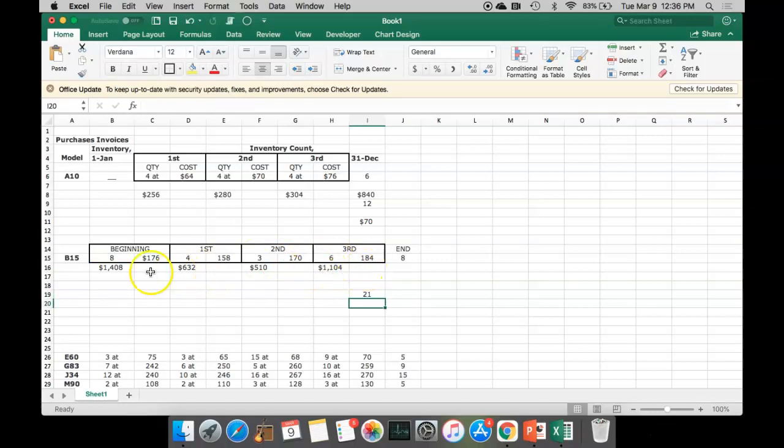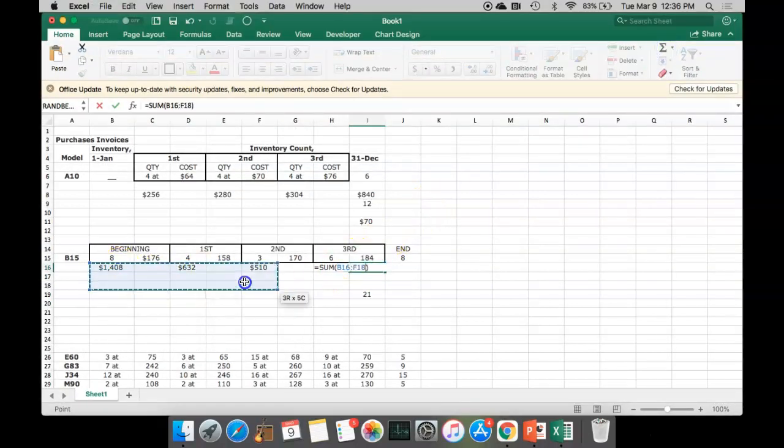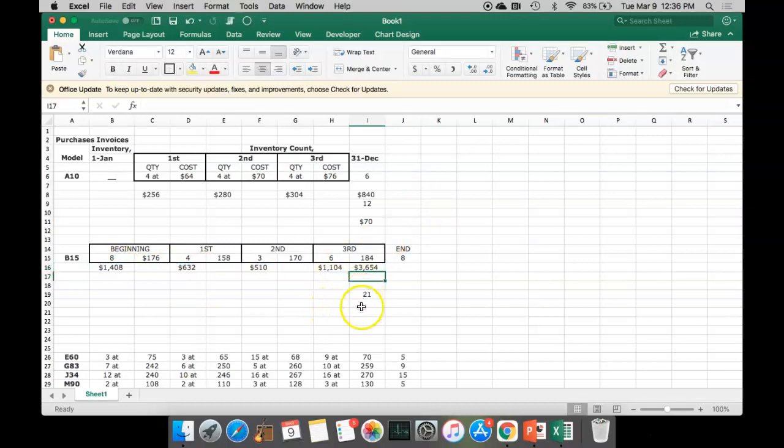Now let's total up all the costs of everything that we purchased. Okay, and then we're going to take the 21 and divide it into the 3654. And that's going to give us $174 as the per unit cost.